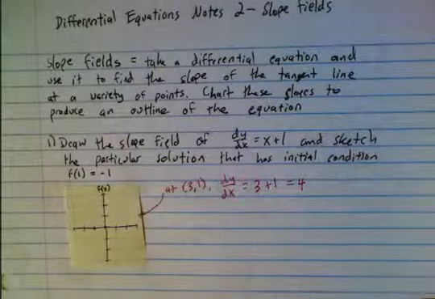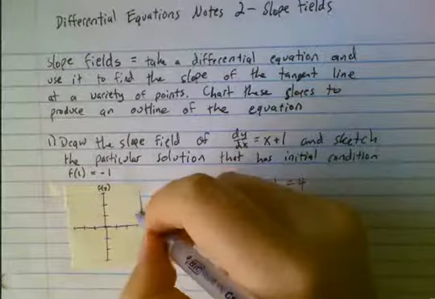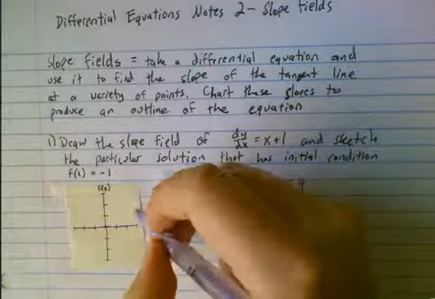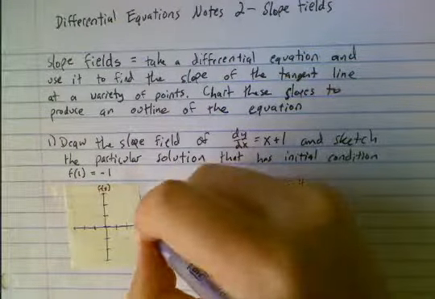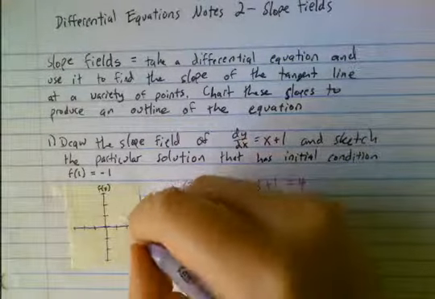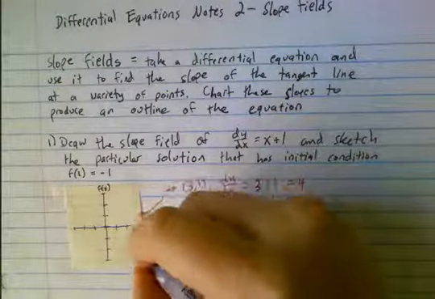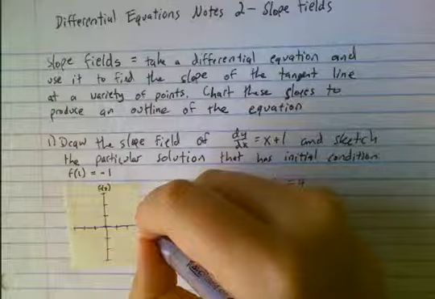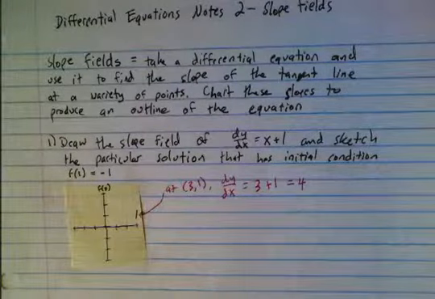So I'm going to draw a little tiny slope that has a slope of approximately 4. So 1, 2, 3, 4 over 1 would look approximately like that.